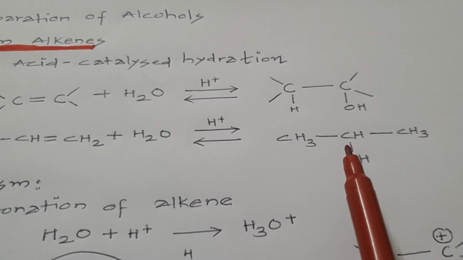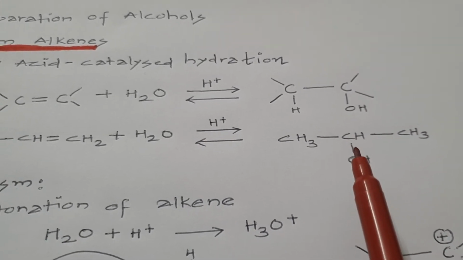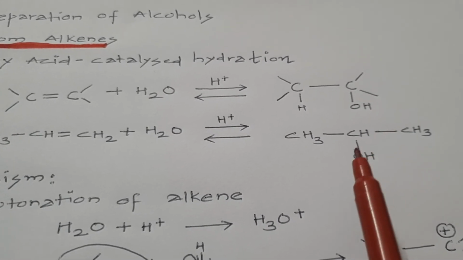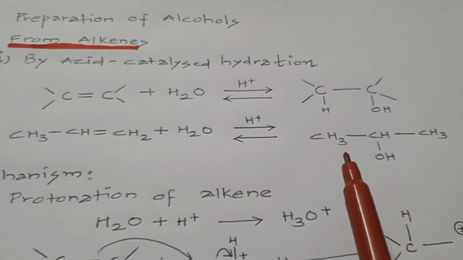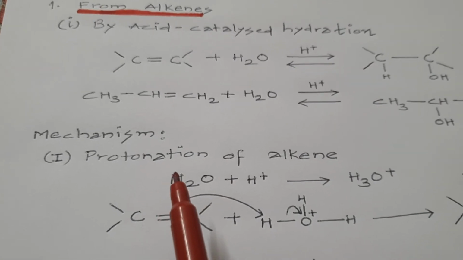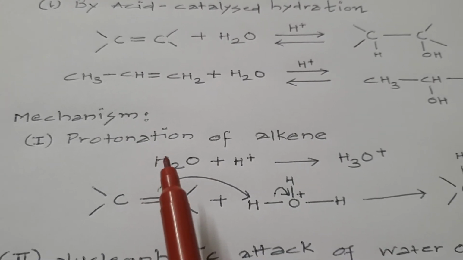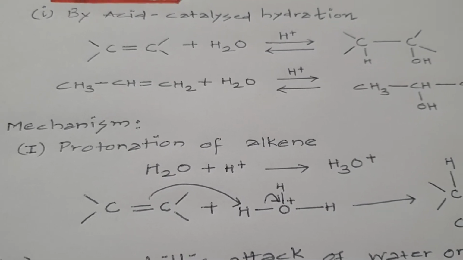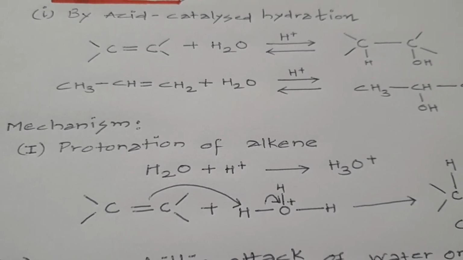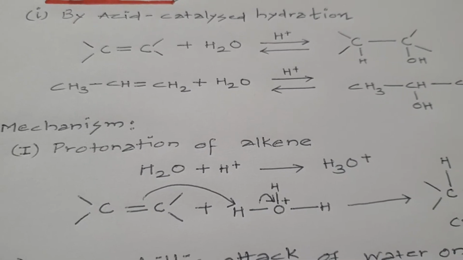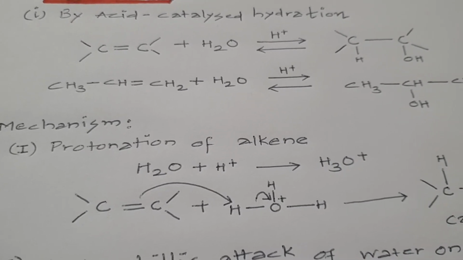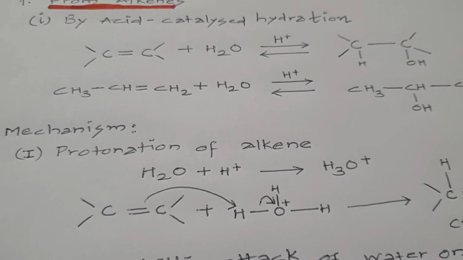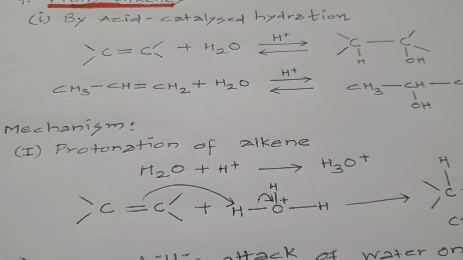We'll be able to understand this in a much better way when we take up the mechanism of this reaction. So to study the mechanism, let us see how many steps are involved. Altogether, there are 3 steps involved in obtaining alcohol from alkene by acid catalyzed hydration.